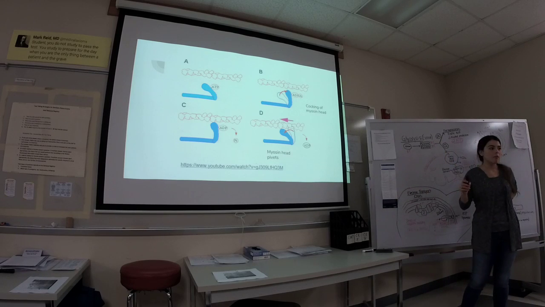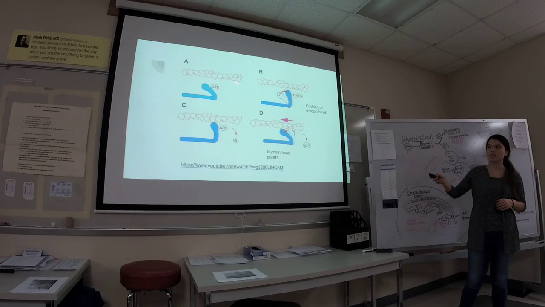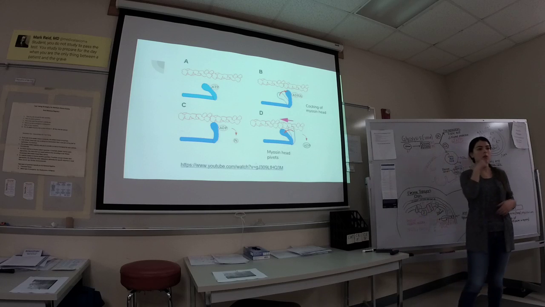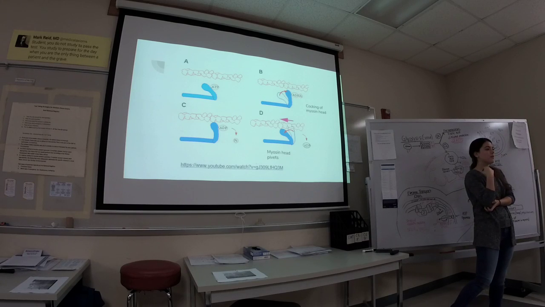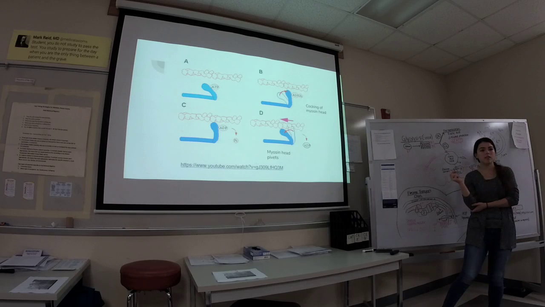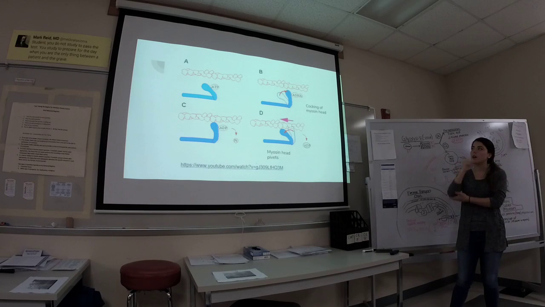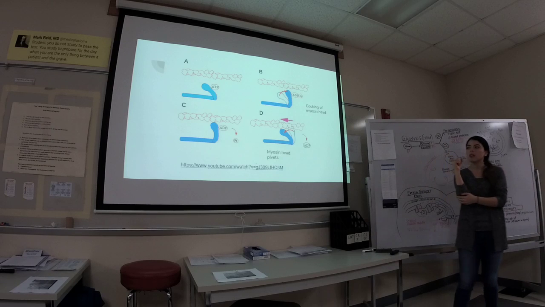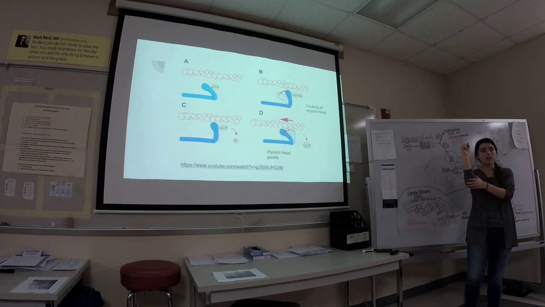Okay, so the first step, this is the myosin head, this is actin: the myosin head is going to have the ATP molecule attached to it, which is energy, right? As soon as it hydrolyzes, which means a phosphate group leaves to make it ADP, the myosin head, they call it cocking, will move up, and it's ready to attach to the actin. As soon as the phosphate actually leaves, the myosin head will attach to the actin.